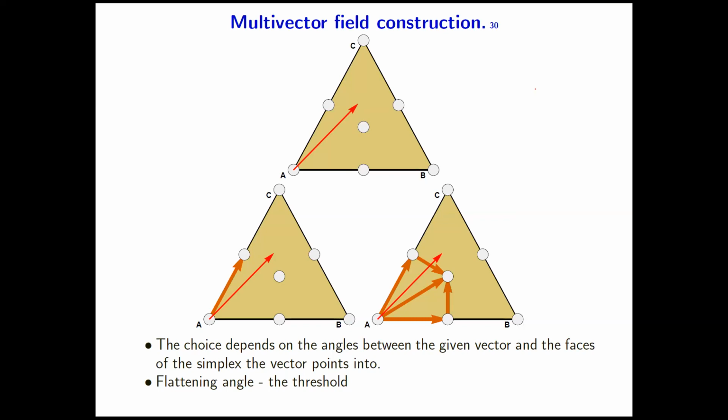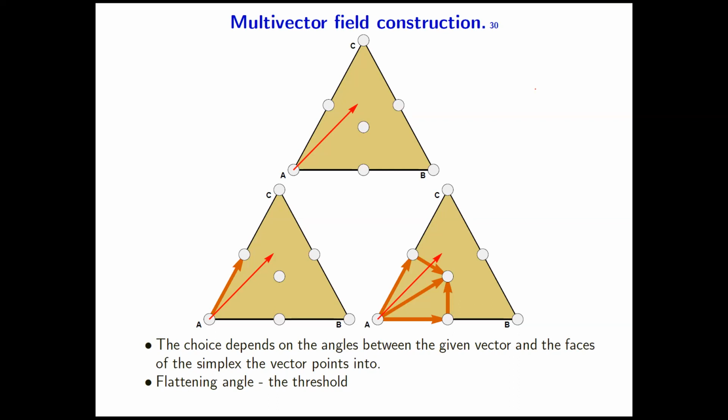So I reconstructed my space. For instance, this is a simplicial complex. And then I have this thin arrow is my arrow. So the vertices of the simplicial complex are these points in my cloud of points. And at every point, I have this vector from this cloud. But such a vector will probably point inside one of my triangles.